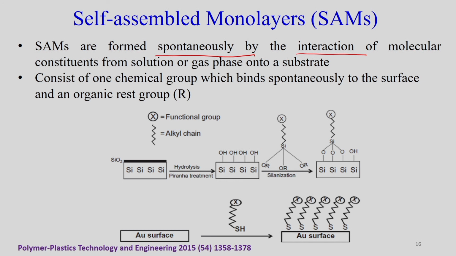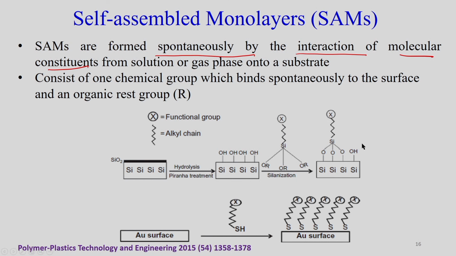This interaction may be physical adsorption or chemisorption of your target agent or molecular constituents from the solution or the gas phase on a substrate. So, if you are talking about self assembled monolayers, particularly this is in the solution phase, and from the solution phase it is forming a covalent bond on the surface.